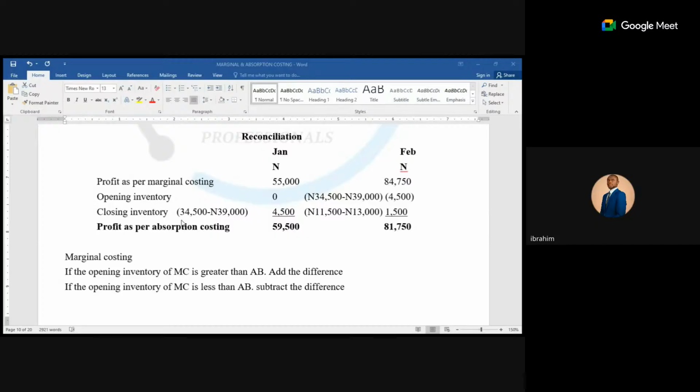It is not that you have 6 units of 3-bedroom flats, they bring a bill of 60,000, and you say, divide it by 6. That is absorption costing. It is your overhead, the total cost of 60,000 divided by the number of units, giving the cost per one. That is absorption costing.